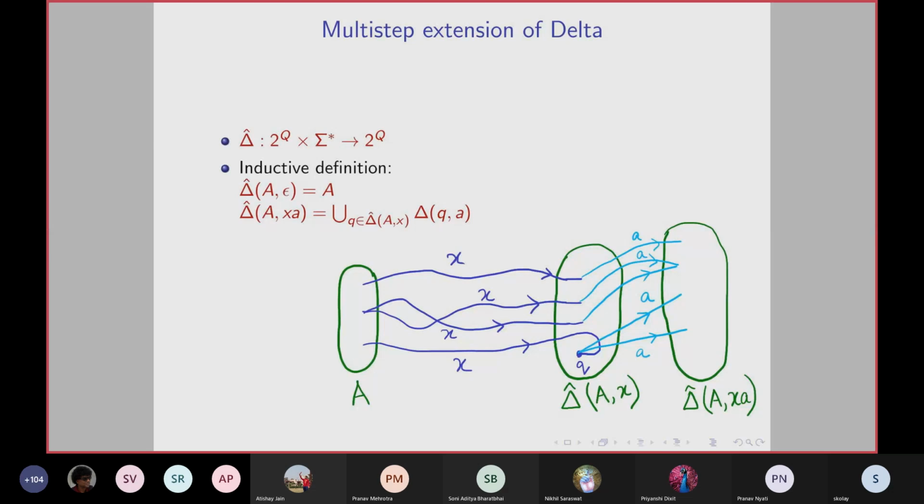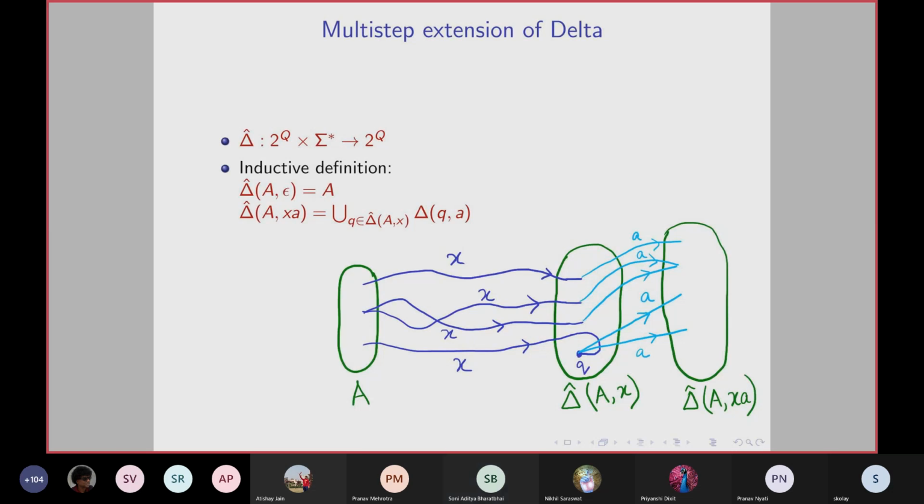Delta hat A XA is equal to the union over all states Q that are in delta hat AX, of delta of QA. That is, what are the states that are reachable from Q in one step on reading A? You take the union of that, which is the entire set of states that can be end states when you start from a state in A and you follow a path labeled by XA.